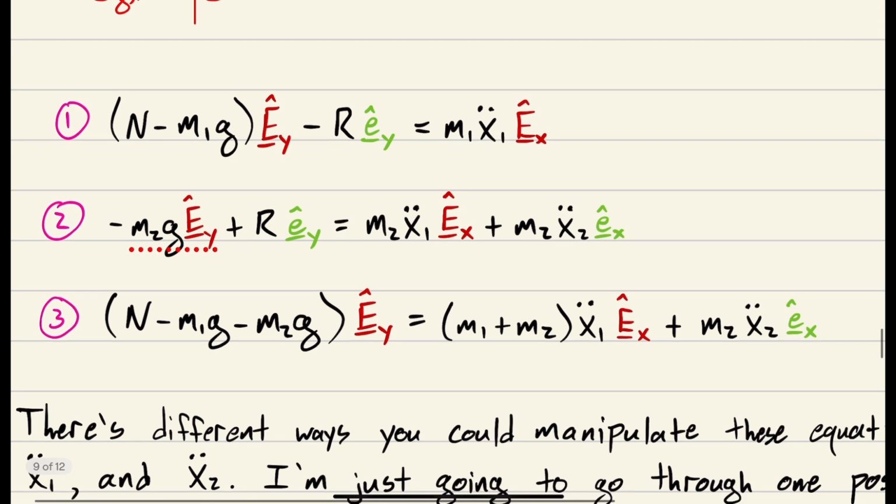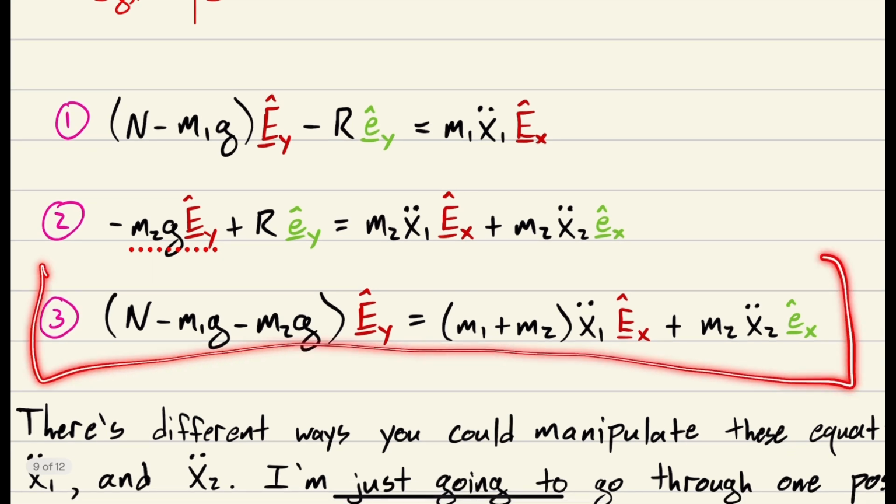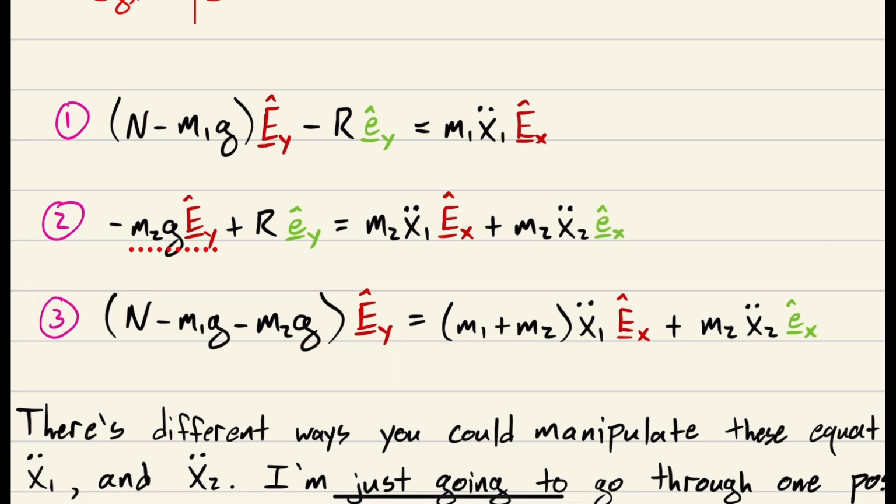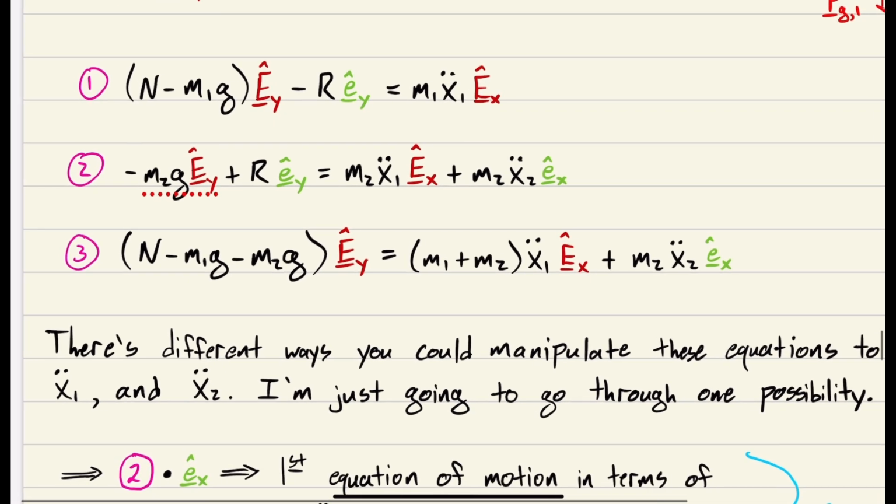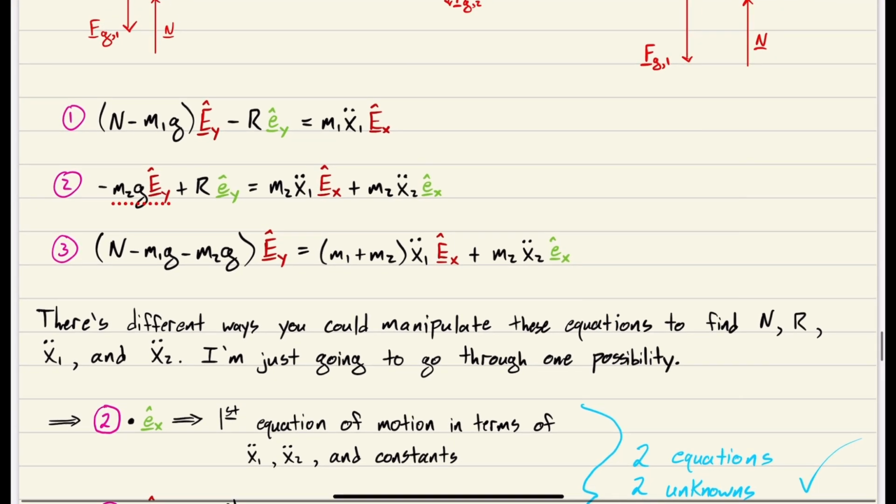And then I also see in equation 3 here, if I can somehow get rid of this whole term here, again, I'm just left with an equation in terms of some constants, x1 double dot and x2 double dot. Well, that'll be 2 equations, 2 unknowns. I can solve for x1 double dot and x2 double dot.